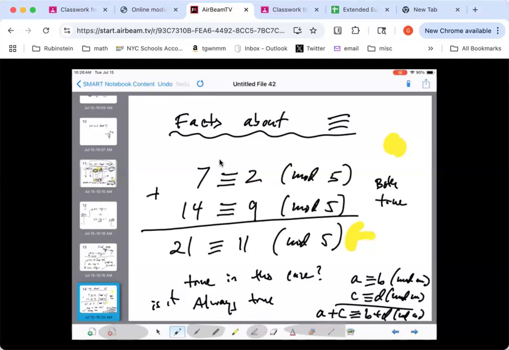If you notice that, you could also do 21 minus 11 and notice that it's 5 times 2, which is similar to what you said. But either way, yes, this worked. And good news for you, it is always true. So I'll write it down as a theorem.